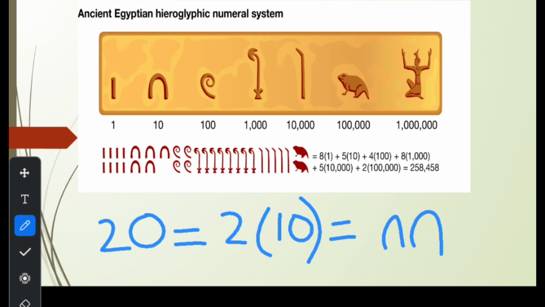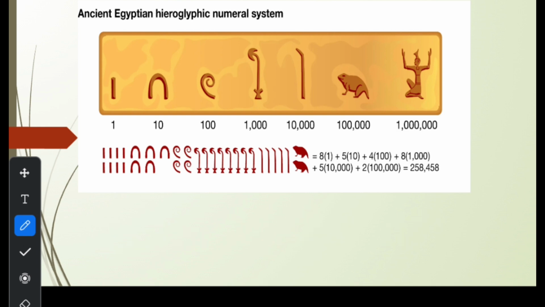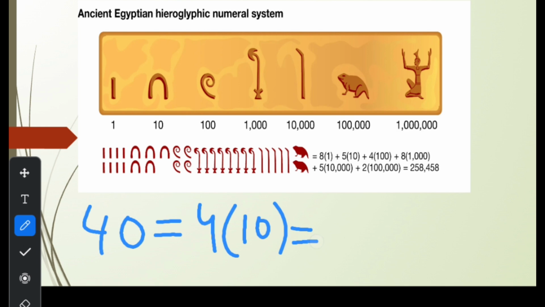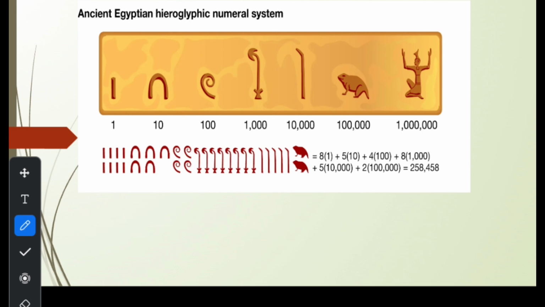Similarly, if anyone wants to express 40, they need 4 tens, that means 4 humps. This was only valid for 10 and multiples of 10. They were again in problem when they had to express a non-multiple of 10 like 99.